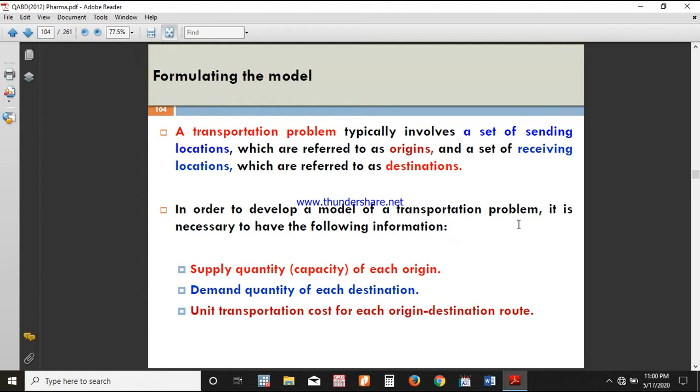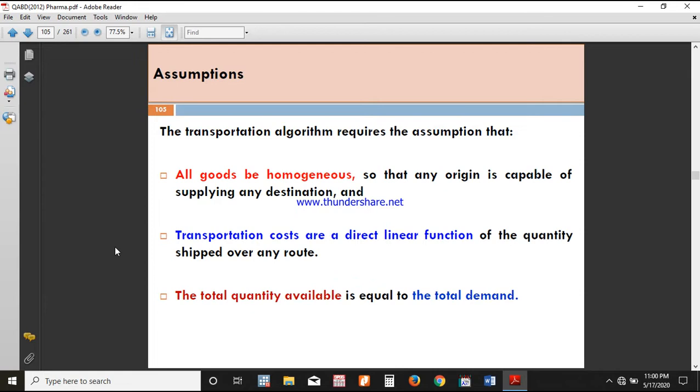In order to formulate a transportation model, there are 3 issues that you should bear in mind. The first one is the supply quantity of each origin, and the demand quantity of each destination, with unit transportation costs. These are the 3 basic issues for formulating a transportation model.